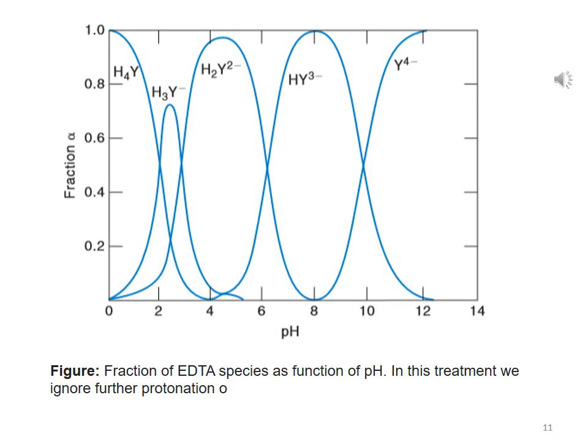Since the anion Y4 negative is the ligand species in complex formation, the complexation equilibria are affected mostly by pH. H4Y has very low solubility in water, and so the disodium salt Na2H2Y, which has two water molecules, is generally used, in which two of the acid groups are neutralized.